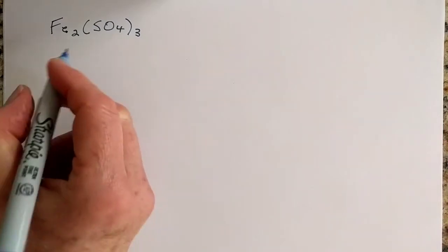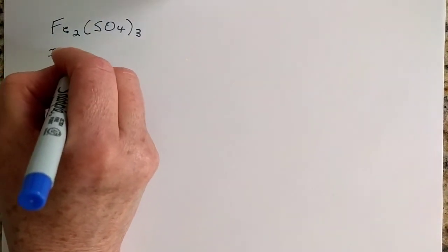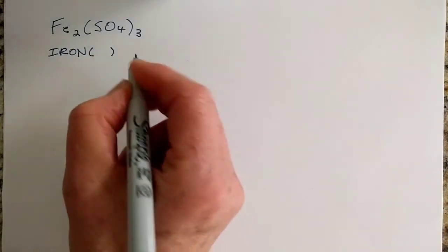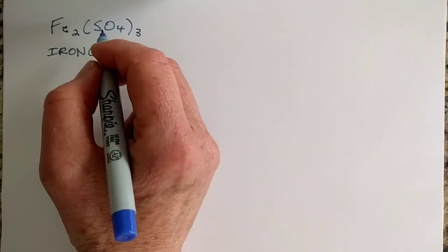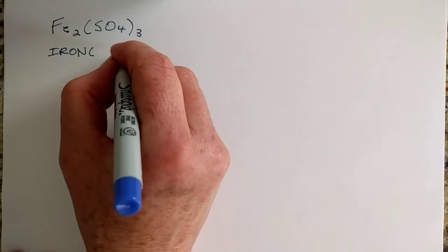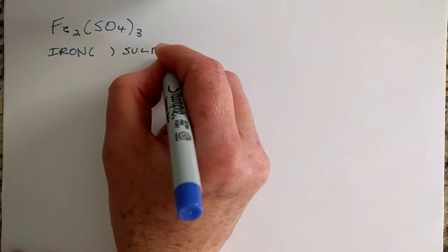So it is not in group 1, it's not in group 2, it is not part of the slide, so we need a Roman numeral. All right, so step 1, we write the name. So this is iron. We leave empty parentheses so we can figure out what the charge is. And then SO4, this is a polyatomic ion. Go to your chart and see what the name of that is. And when you do that, you find out that is sulfate.